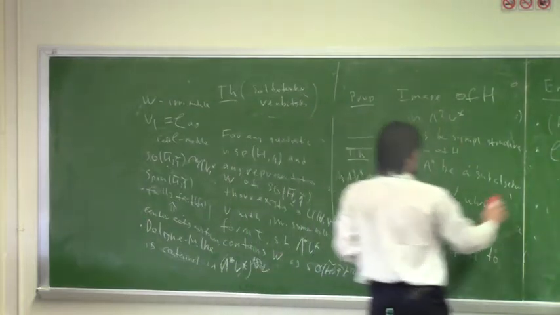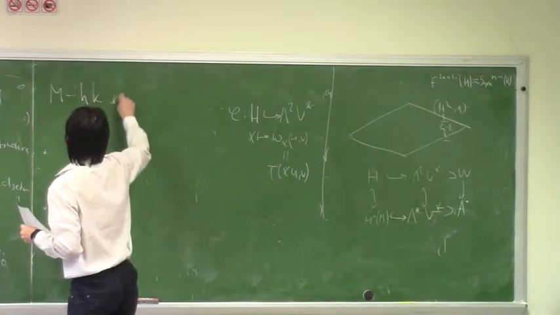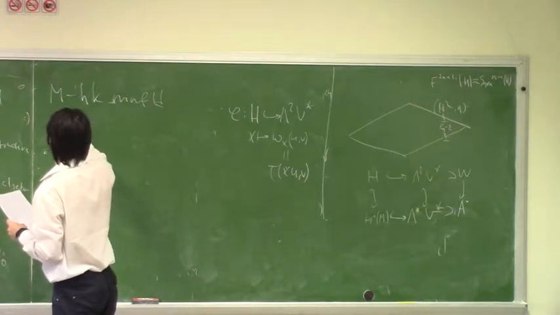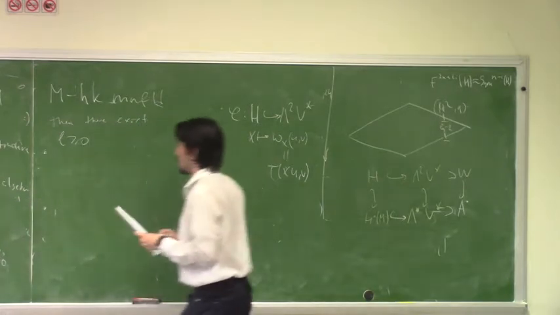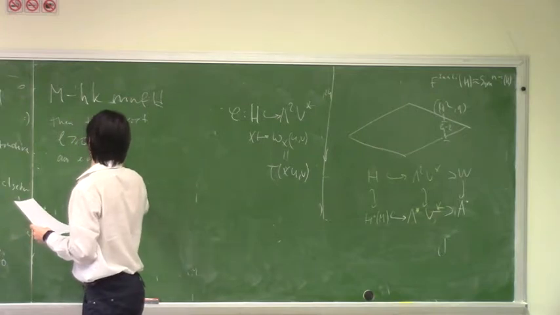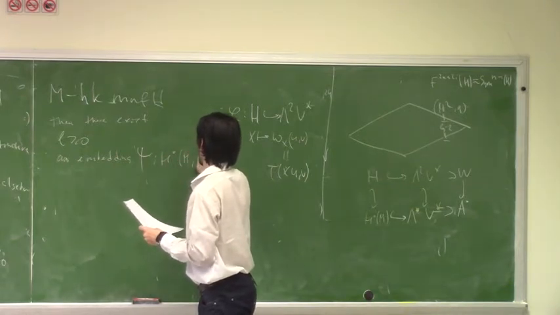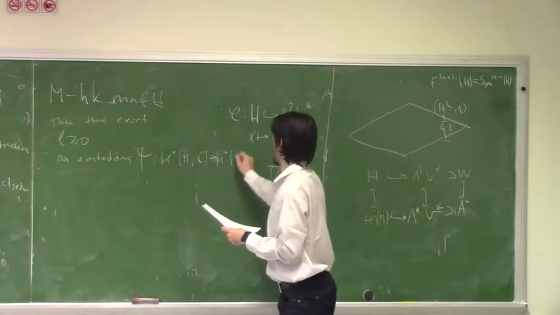Okay, in the last minute, sorry to be late, let me just state the last theorem. So M is a simple hyperkahler manifold. Then there exist an integer A and an embedding psi from the cohomology algebra over C to the cohomology algebra of a torus.